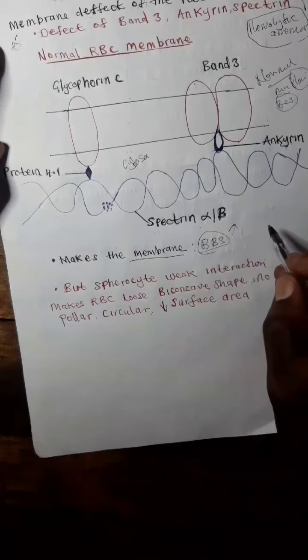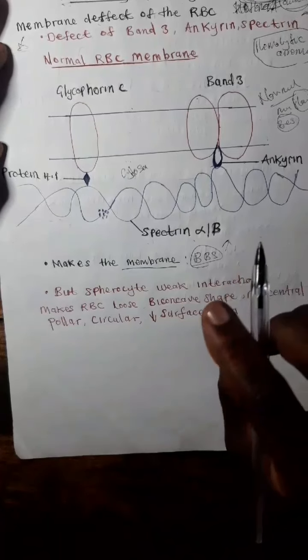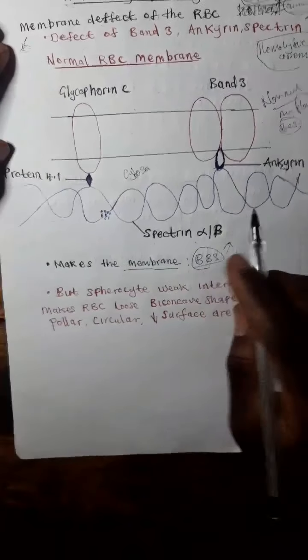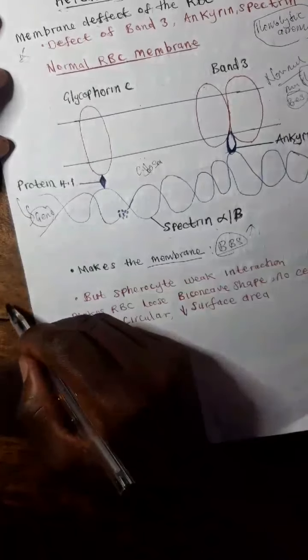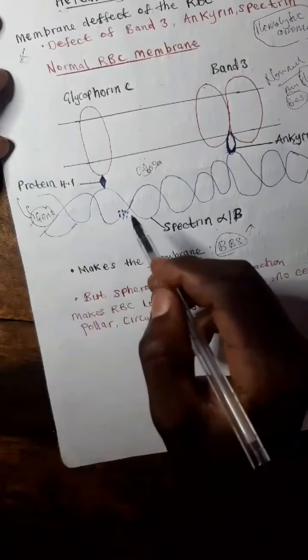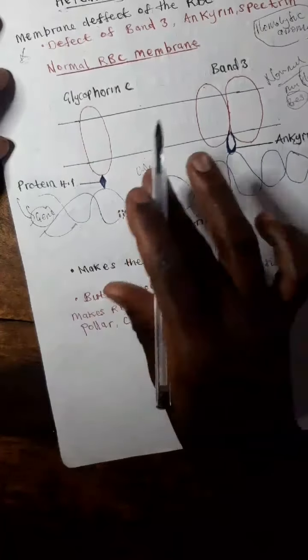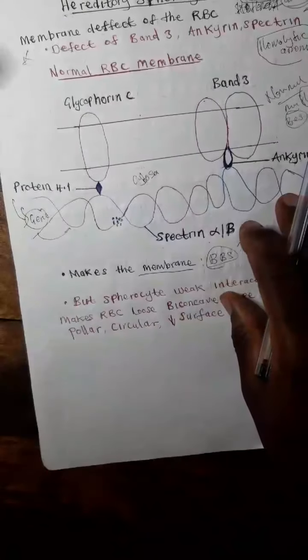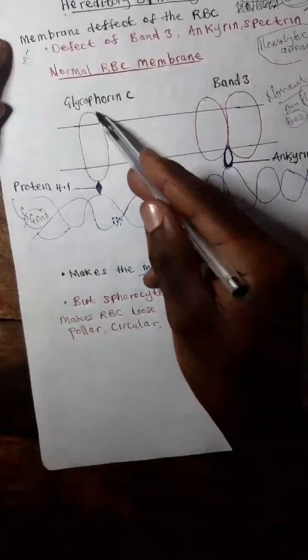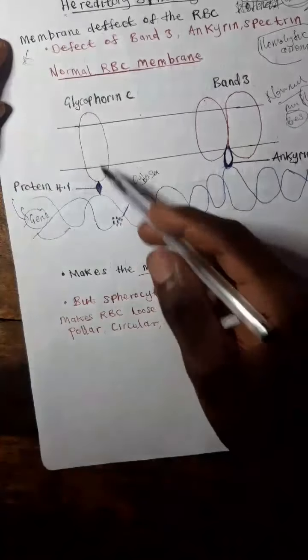But now, in hereditary spherocytosis, a person inherits a gene that does not code for one of these proteins. What you need to remember is that the most important cytoskeleton protein is spectrin. But the absence of one of these can lead to weak interaction.